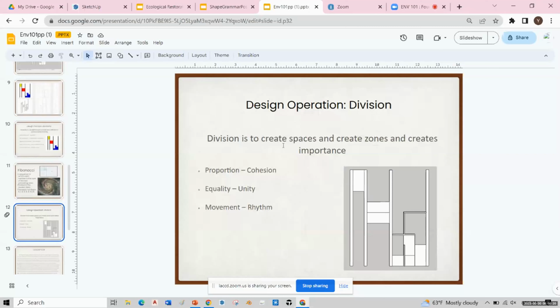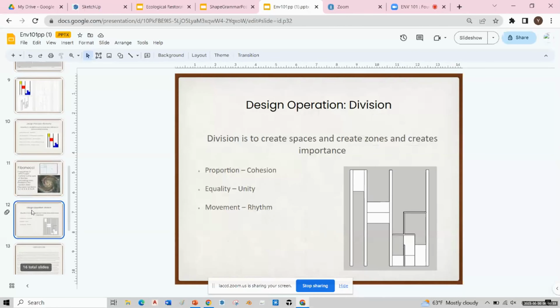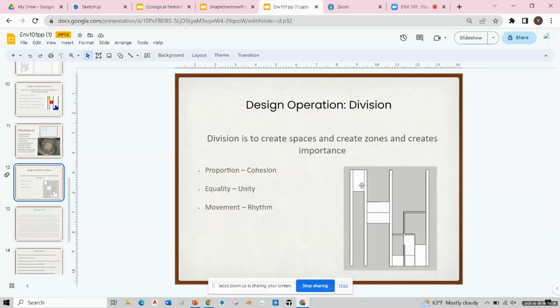I also wanted to explore division in my composition. I cut the stick 4 ways, and these are the divisions it took. So it's cohesive, it's uniform, and it gives a rhythm to my composition.